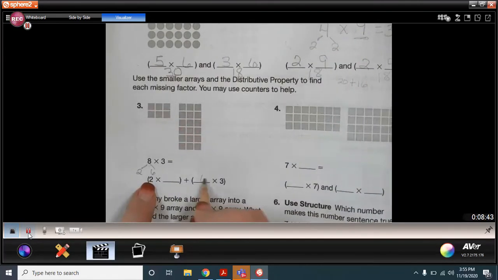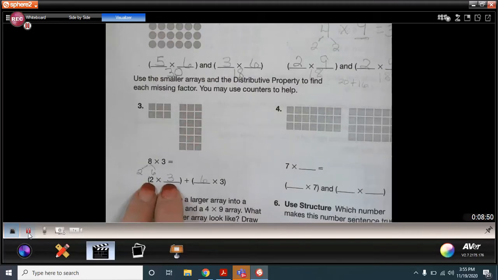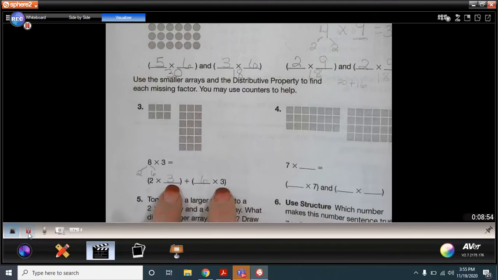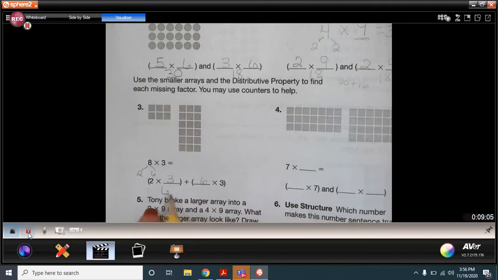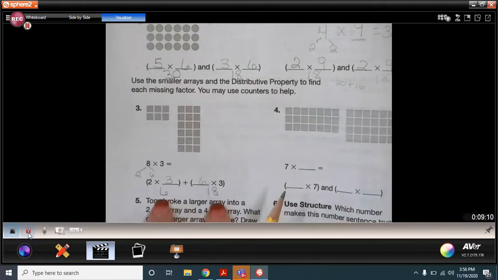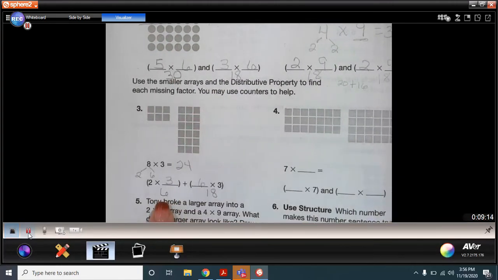So that's going to be 6. Each one of my rows has 3 in each row. So that is going to be my second factor here, and it's going to be my second factor here, because the second factors should be the number of objects in each row. So if I take 2 times 3, that's going to give me 6, and 6 times 3 is going to give me 18, then I'm going to add those together, and that's going to give me 24 square units.